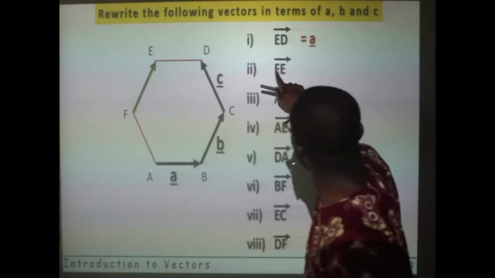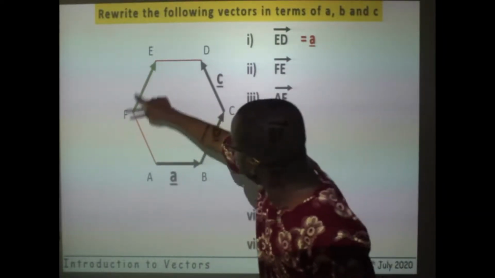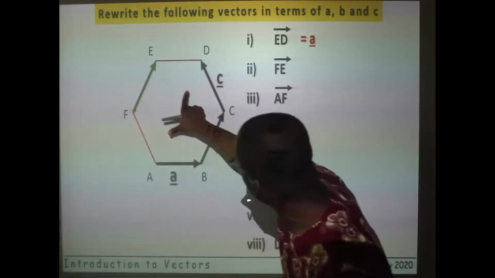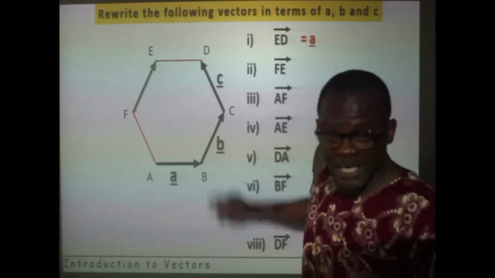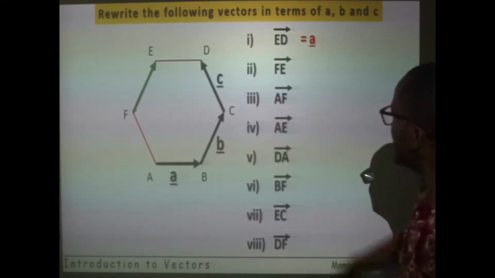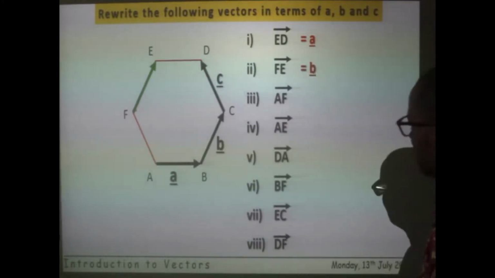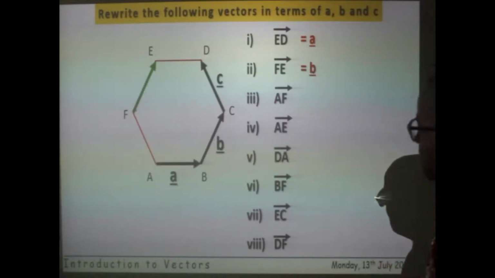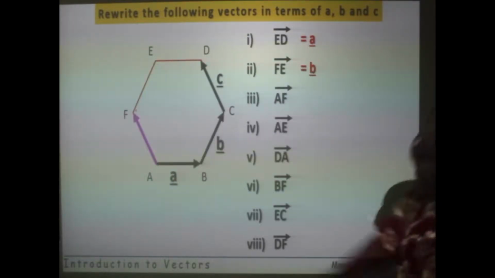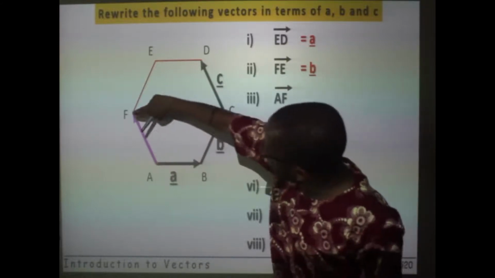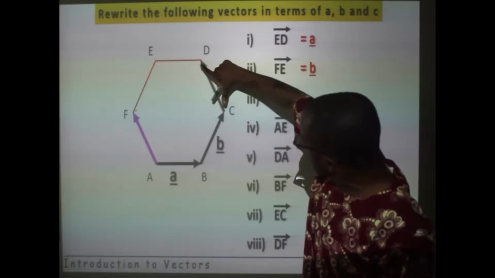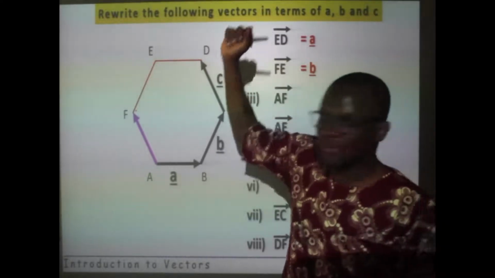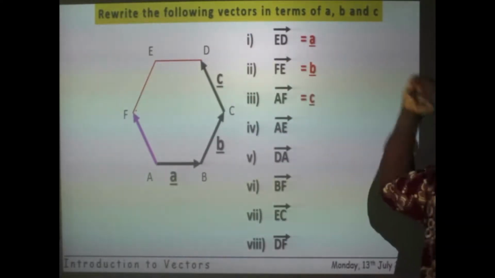The vector FE, going from F to E, is exactly the same as the vector BC, which is B. Exactly, so the vector FE is B. Moving on, how about the vector AF? Look at AF. AF has got the same size and direction as the vector CD, and that is C.